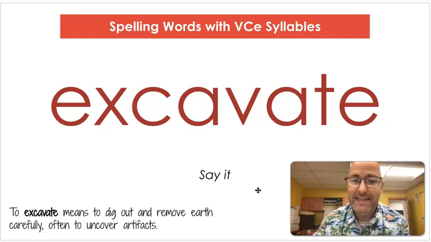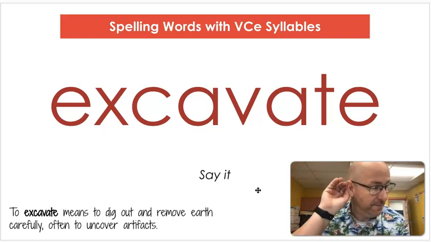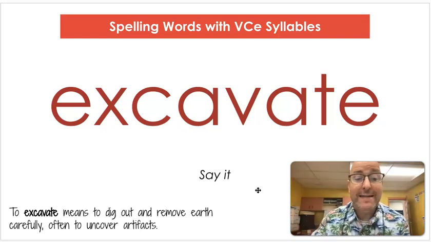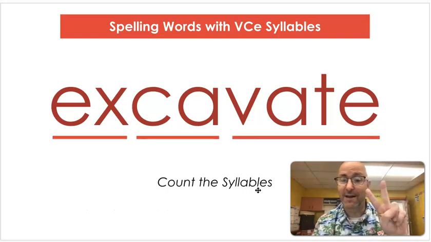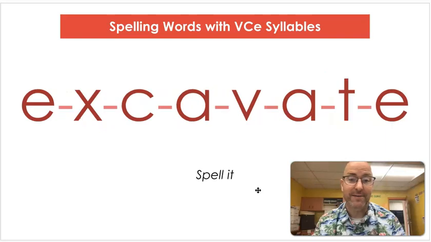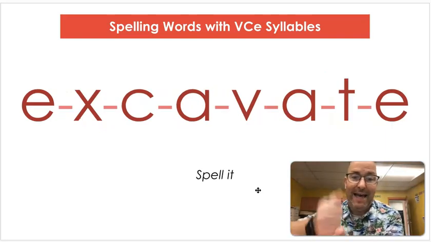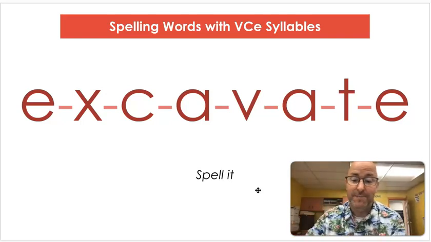And the next word is excavate. Say excavate. To excavate means to dig out and remove earth carefully, often to uncover artifacts. Let's count the syllables. Excavate. Let's spell it. E-X-C-A-V-A-T-E, excavate.